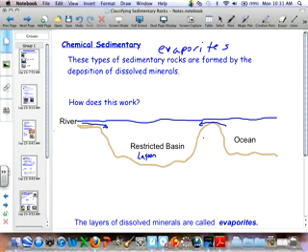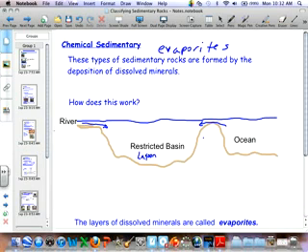The reason why the salt's getting left behind is because now the amount of water left in the pan is not enough to keep all those minerals in a dissolved state. And there's only so much the water can dissolve until it reaches saturation. So when you're in a restricted basin, you have a limited amount of water, and you can't have everything still dissolved.